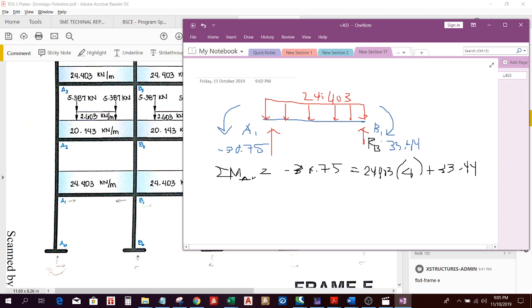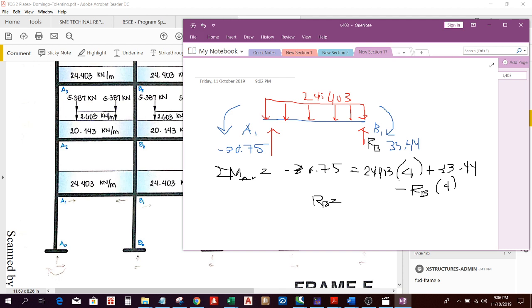So who will resist that? They will counteract. They will be resisted by RB. Minus RB times 4. So one equation, one unknown. We will get RB is equal to what? Negative 30.75 minus 24.403 times 4 minus 33.44, divided by 4.